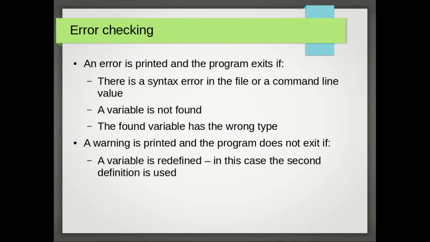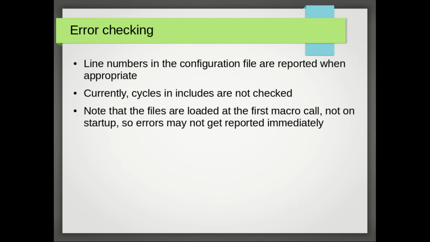And it'll print a warning if, for example, a value is redefined. So if you have it twice in the same file, or you include a file that redefines it or something like that, it'll give you a warning. And when it gives errors, the line number in the configuration file is reported when that makes sense.